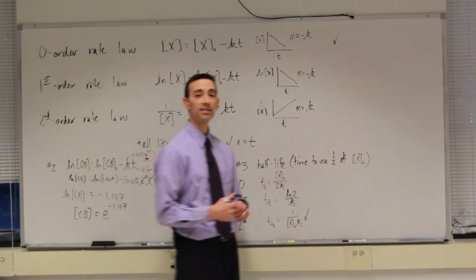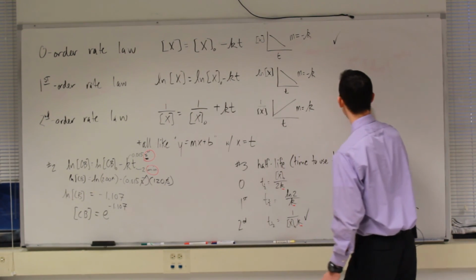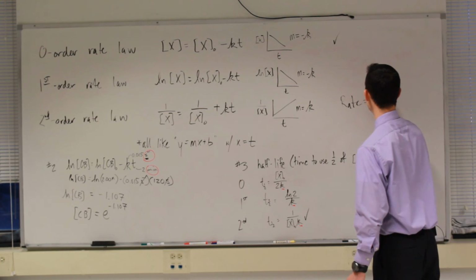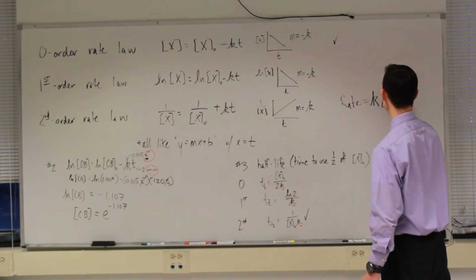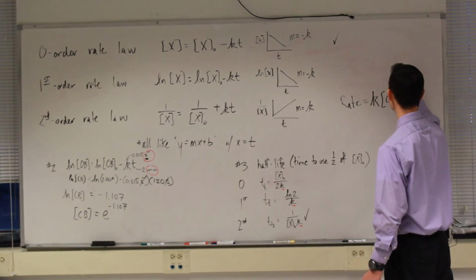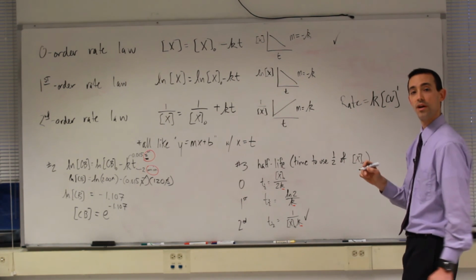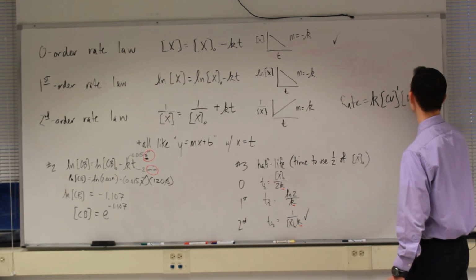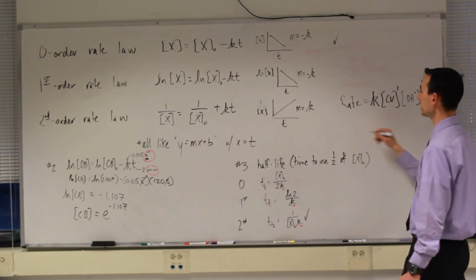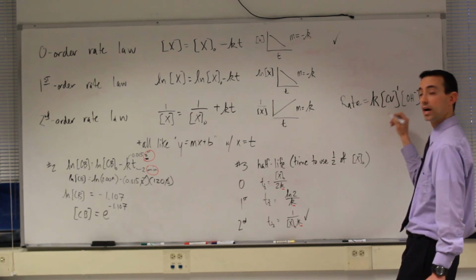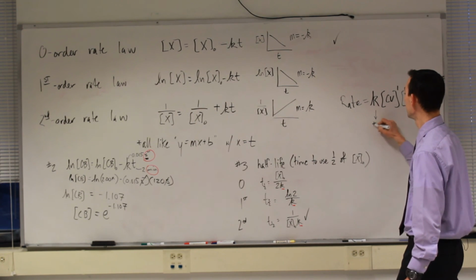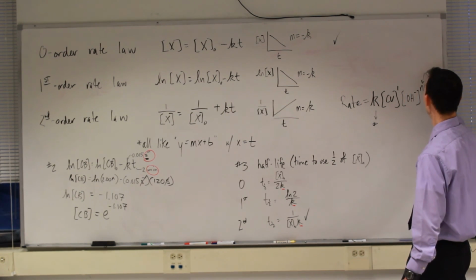When it's all said and done, you will have the true rate constant k, and you will know the order. Well, we already told you it's first order for crystal violet, and you'll know the order of hydroxide ion. So you will write out a number here and a number here.